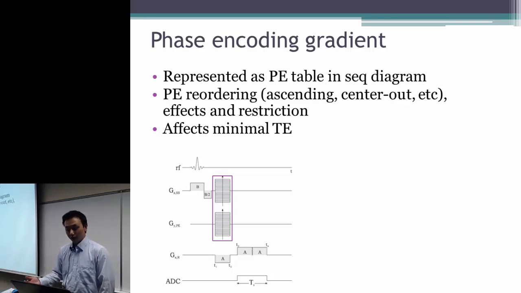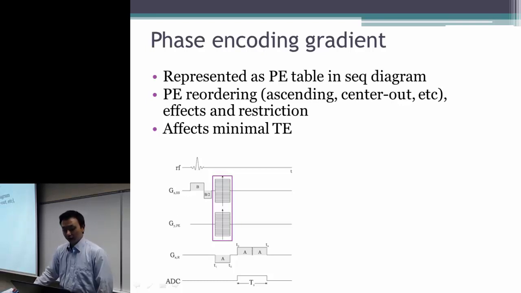Whether you want to collect a T2 star weighted or a T1 weighted image, that means you'll be using a different TE. When that happens, you may need to consider a specific phase encoding reordering scheme.